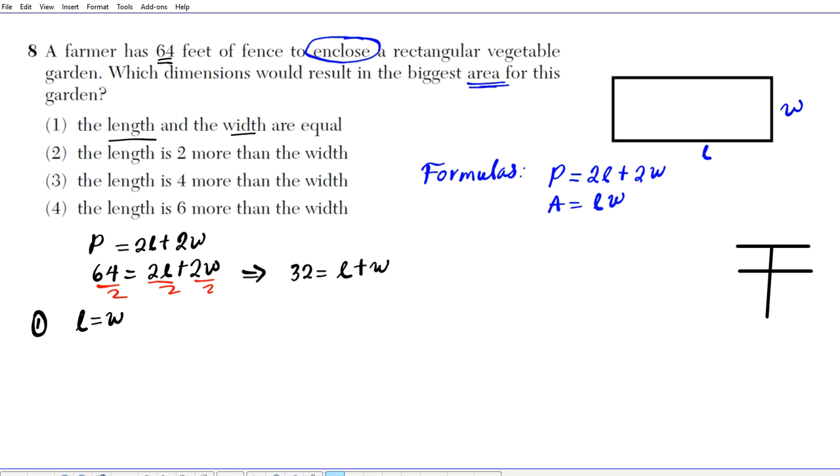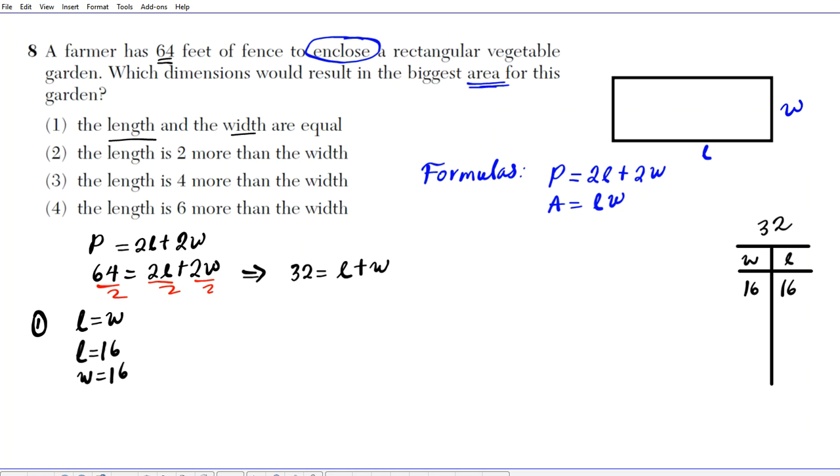Okay, so let's put our width on the left and our length on the right. The goal is to get a sum of 32. If both of them are the same, just simply divide this by 2. 16 and 16 is what we're looking at. So for this scenario, option 1, the length is 16 and the width is 16.